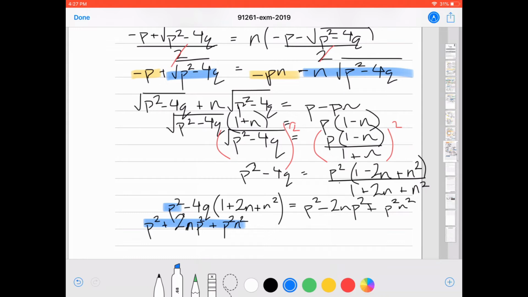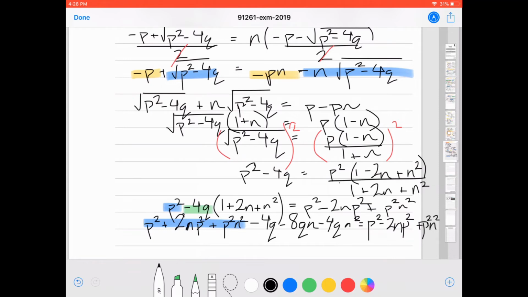Now let's look at the 4q. So we've got minus 4q, and I'm going to run out of room here, minus 8qn minus 4qn squared, and that equals p squared minus 2np squared plus p squared n squared.